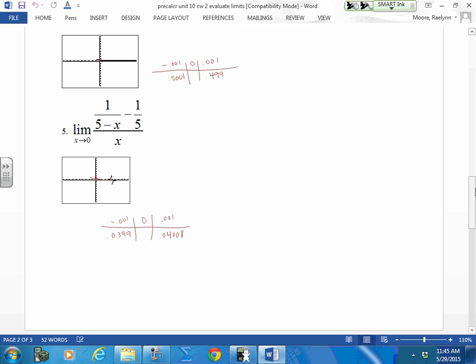So we need to resolve this complex fraction. Again, when you graph it, you'll see where your point is. What point should that converge at? What should be its y value? 0.04, right? That's where it should converge at.